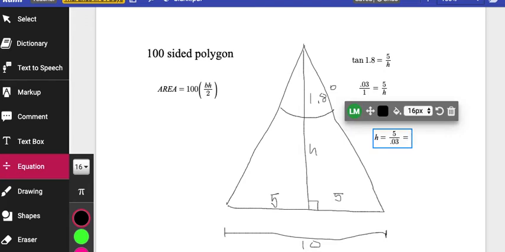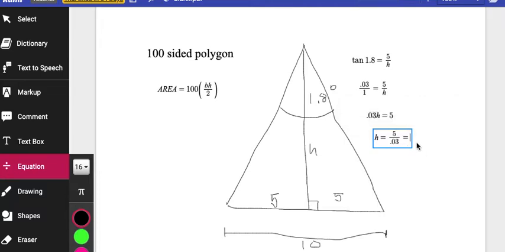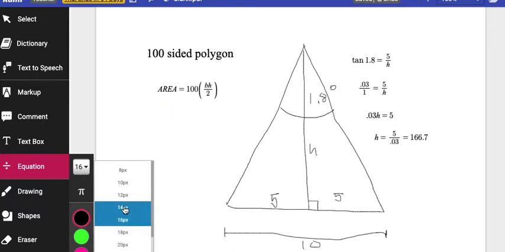And that is 166.6 repeating, so 166, and I'll round that to 166.7, and that would be units. So that is my height. So my height is 166.7. I have the height. Now I can go back and find my area.